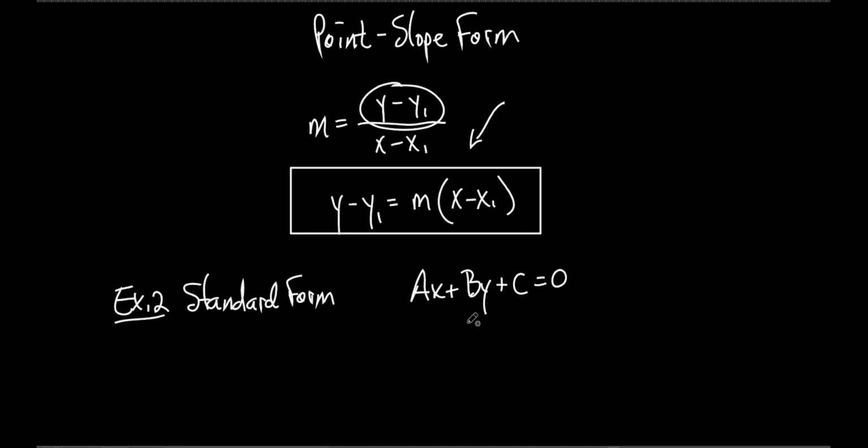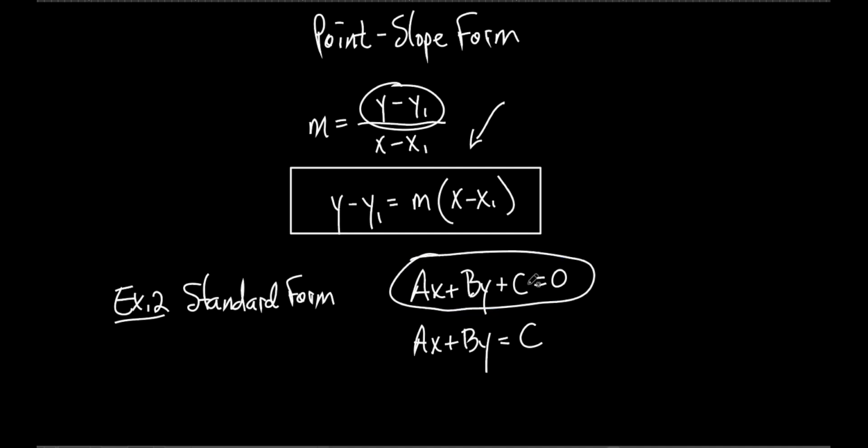But they write the standard form with one number to the right. So they do this. This is how I always learned it, but this book decided to change it up a little bit. Is that okay? It's not that big of a deal.